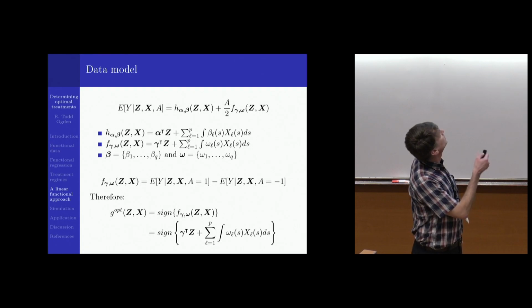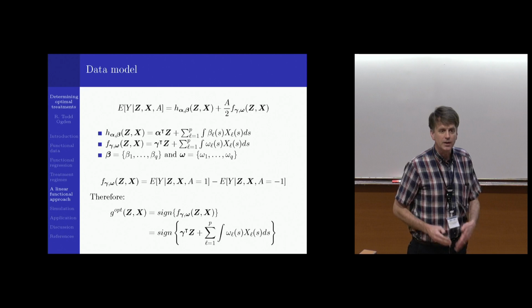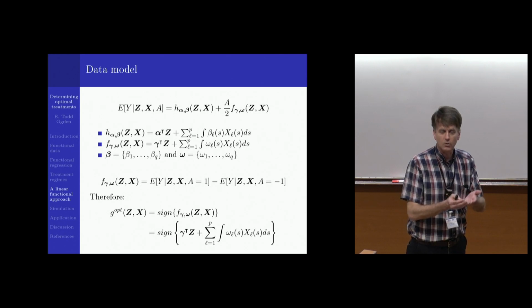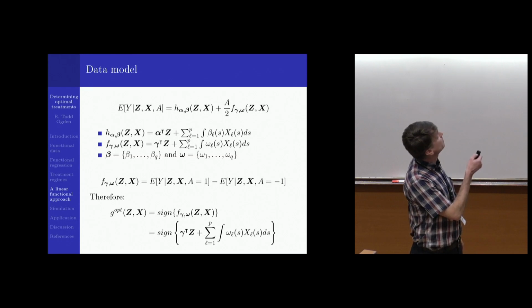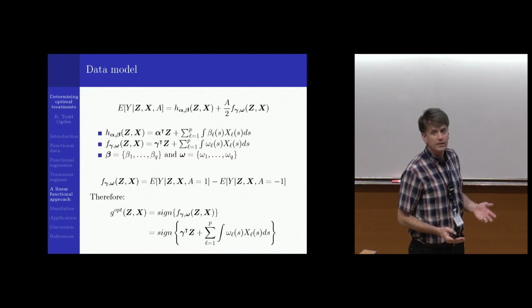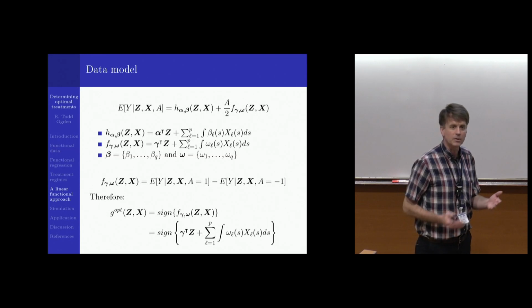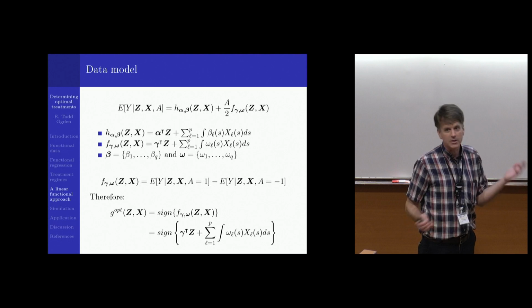The first piece only tells you, if you know X and Z, whether the patient is going to tend to get better overall, regardless of treatment. The second piece is what we're really interested in, because if that's big, then it really matters whether they get treatment 1 or treatment -1. If it's close to 0, it doesn't matter which one they get.